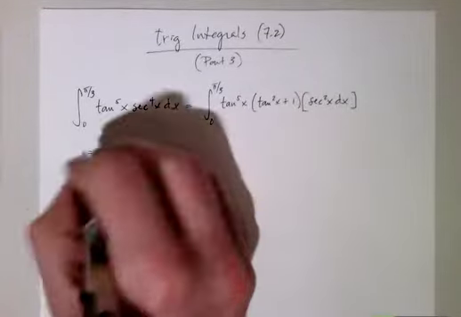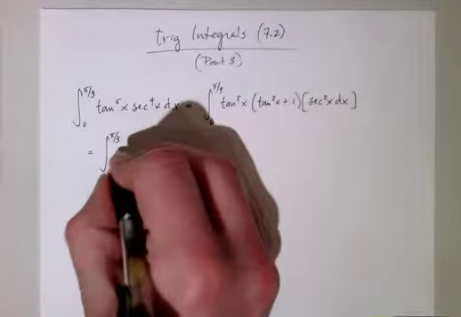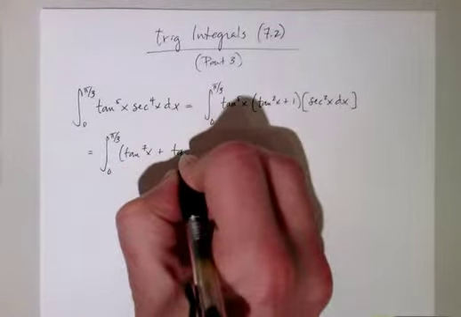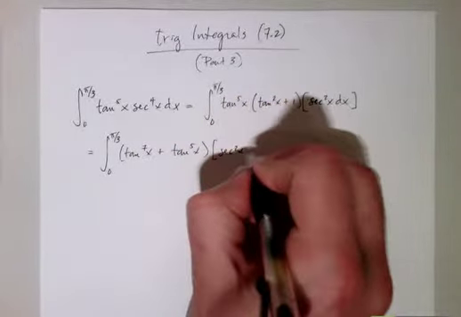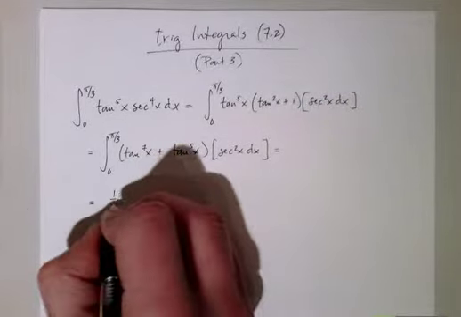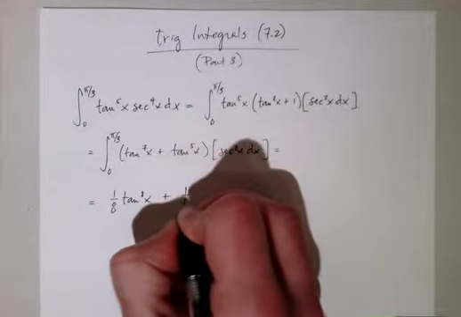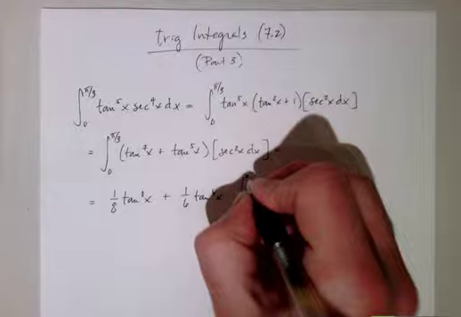So that winds up being 0 to pi over 3 of tangent to the seventh x plus tangent to the fifth x times secant squared x dx. That means it's 1/8 tangent to the 8th x plus 1/6 tangent to the 6th x from 0 to pi over 3.